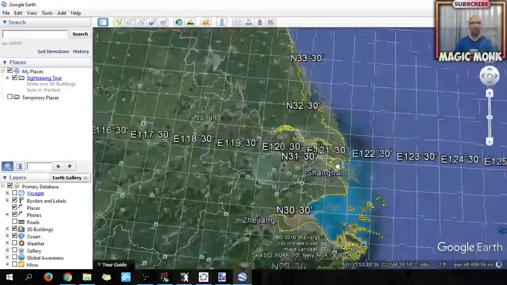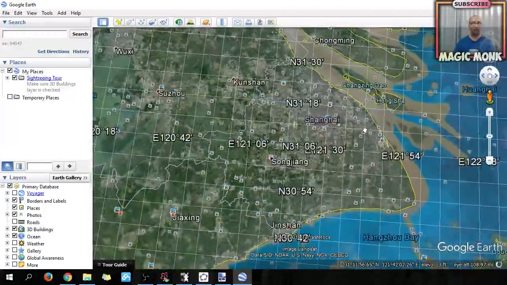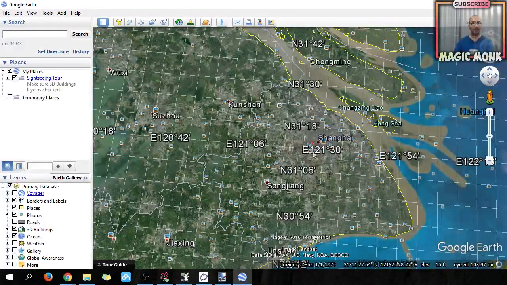You can just move your mouse over it and it tells you 31 degrees, 12 minutes and 11.25 seconds north, 121 degrees east.